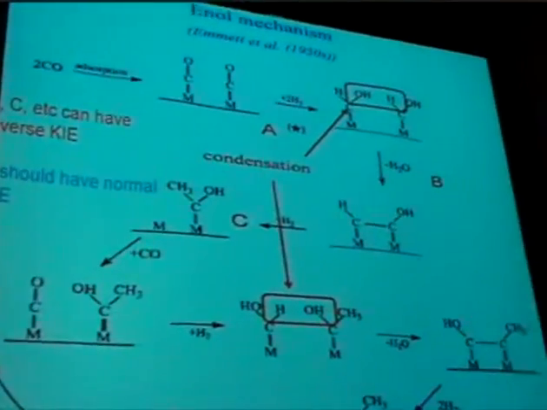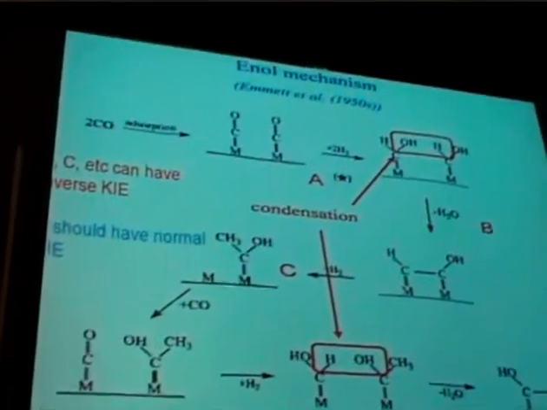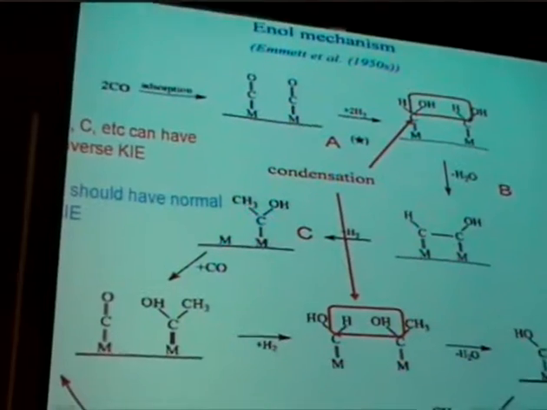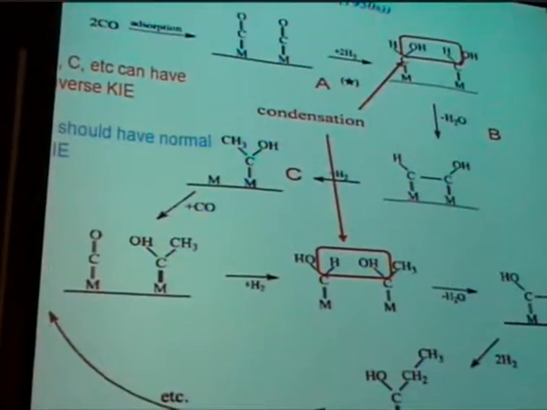The enol mechanism goes back to Emmett and Storch. In this one, steps A and C can have the kinetic isotope effect for every carbon number, provided the formation of the CHOH intermediate is the slow step.